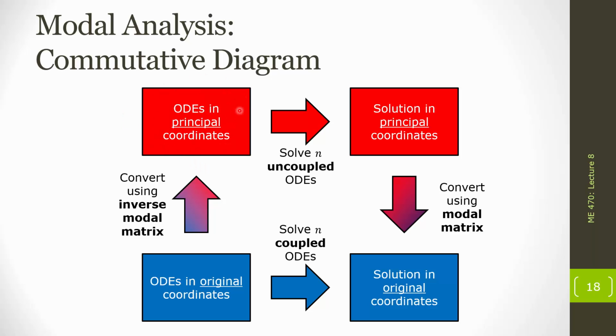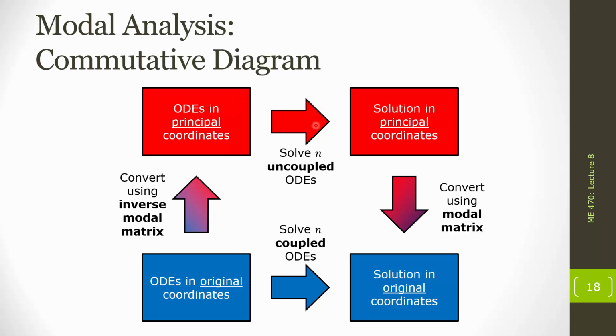And the beauty there is that, having our ODEs rewritten in this very specific coordinate system of the principal coordinates, the next step where we solve these ODEs is now much easier, because this system of ODEs is all uncoupled. Each ODE has only, for example, a Q1 and a Q1 double dot. The next one will have Q2, Q2 double dot.